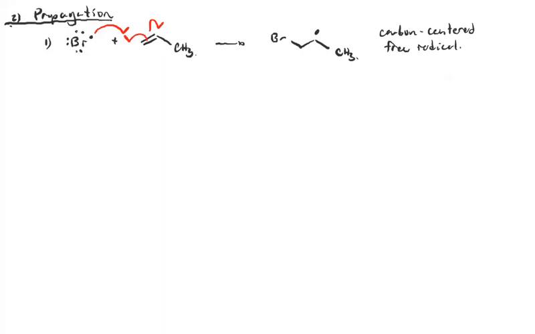The key with the propagation part of these reactions is that you always want to regenerate what goes into it. So the starting material in step 1 should be formed at the end of the propagation section. The way that works in this case is that the alkyl radical, that carbon-centered radical, is going to find another molecule of HBr, and we're going to do the same type of transfer.